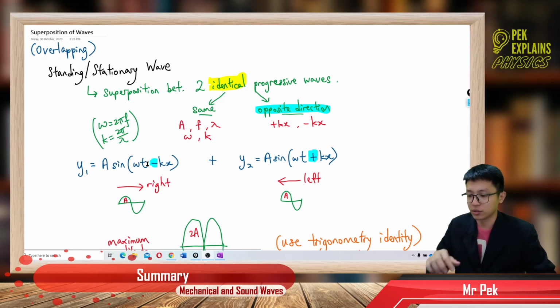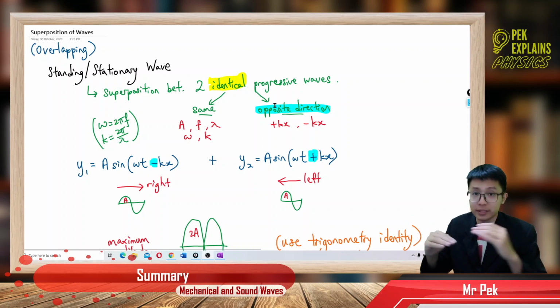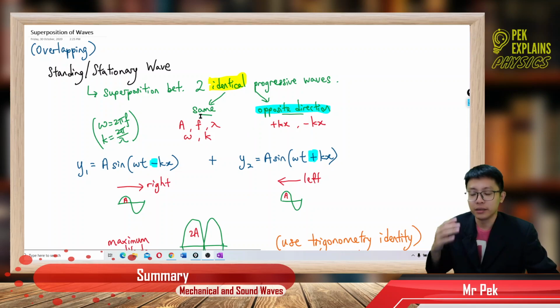So what I can say is, stationary wave can be formed when there is an overlapping between two identical waves that are traveling in opposite direction. Identical in terms of amplitude, frequency, wavelength, everything. The only difference is the direction. One is positive kx, another one is negative kx.